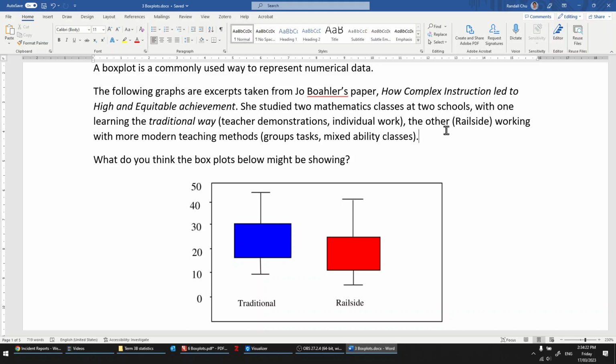This is what the classes were like before the teaching. The traditional school was here, and the modern one was here. Which school was better off at the beginning? You can see the middle 50% is higher up for one, and lower down for the other. This is before they started teaching.